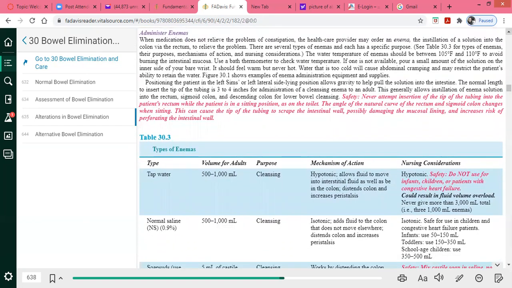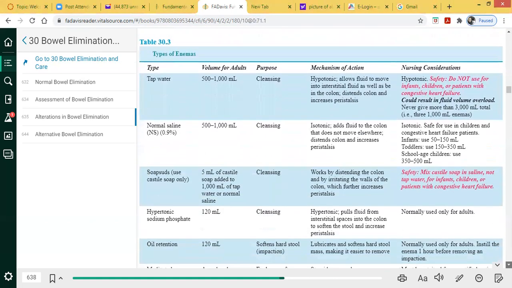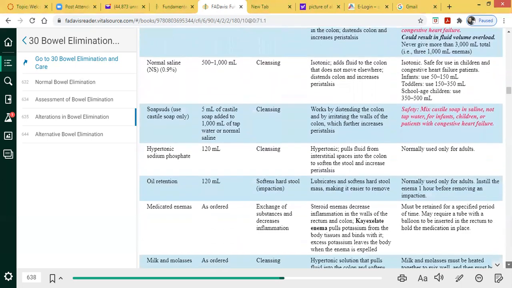It talks about administering enemas. Administering enemas can be used to prevent constipation. It can actually help to relieve constipation, and there are several types of enema. Some physicians may order a tap water enema, a soap suds enema, or an enema with oil.